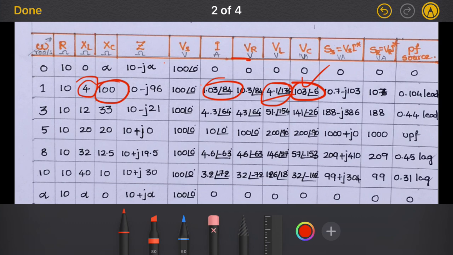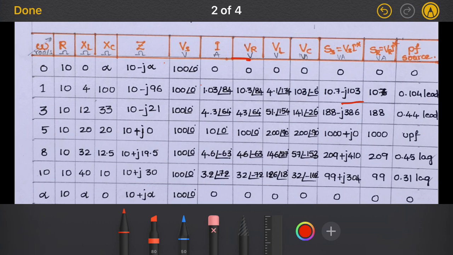And the power supplied by the supply is equal to VS I conjugate. So here 10.07 minus j103. Here 10.07 is the active power supplied by the supply, and minus 103 volt-ampere reactive, that is the reactive power supplied by the supply.